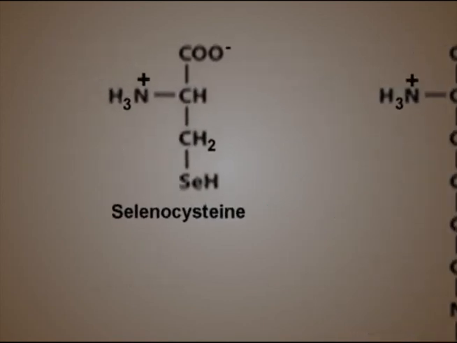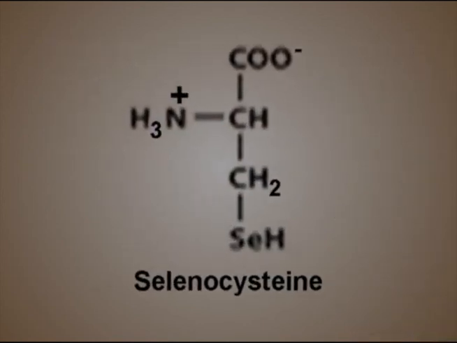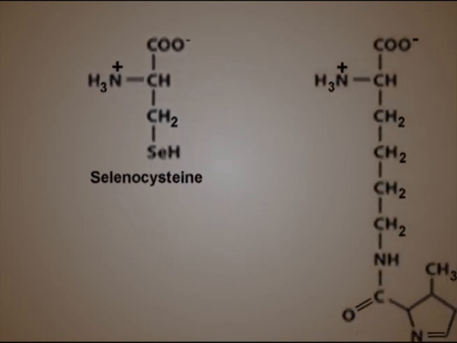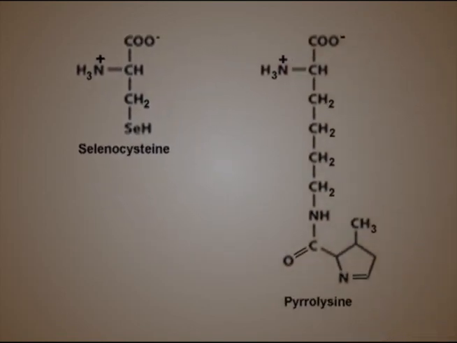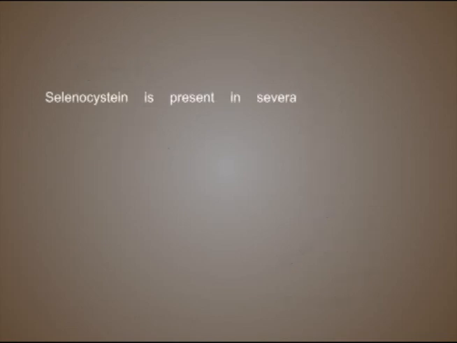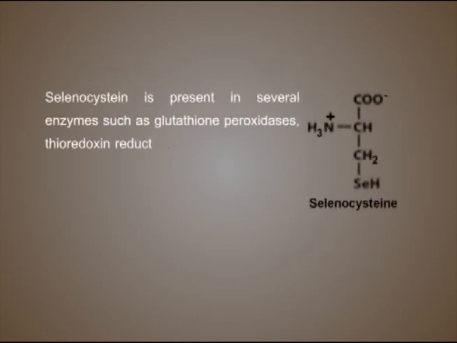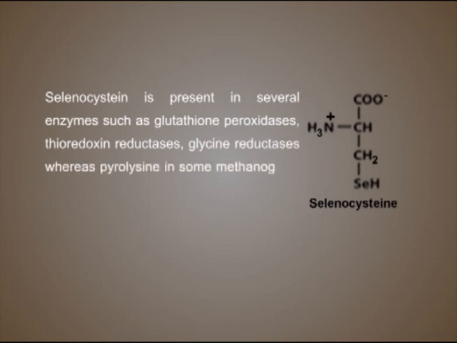And 2 amino acids, namely selenocysteine and pyrrolysine, were newly reported to be found as constituents of protein. Selenocysteine is present in several enzymes such as glutathione peroxidase, thioredoxin reductases, glycine reductases, whereas pyrrolysine is found in some methanogen bacteria.